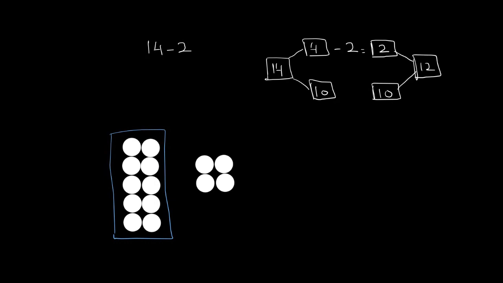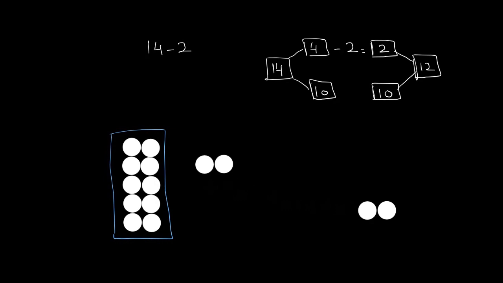The way we want to show it is that we can actually remove the 2 balls from here, and these balls are gone, so we're going to be left with a total of 10 plus 2, 12 balls. That's one thing that we can do.